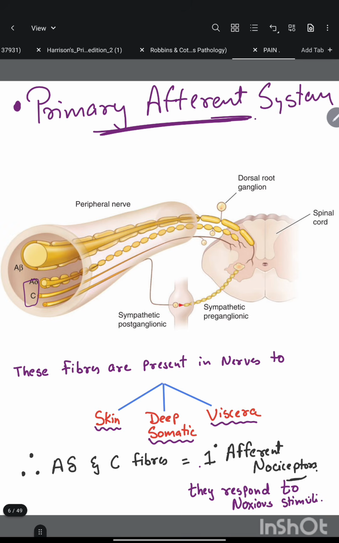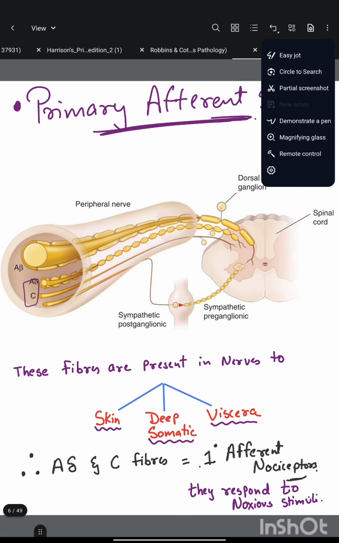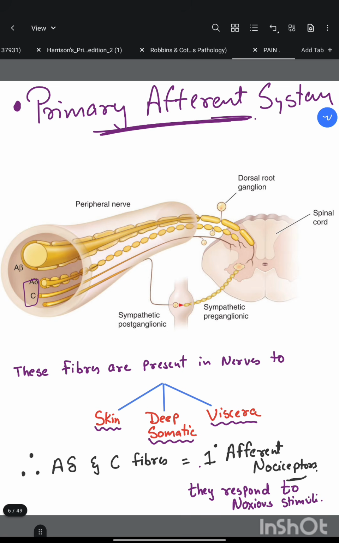Before understanding what primary afferent nociceptors are, we must understand what a peripheral nerve consists of. So let me go and highlight. As we can all see, this is a spinal cord section in which this is the gray matter, this is the white matter.